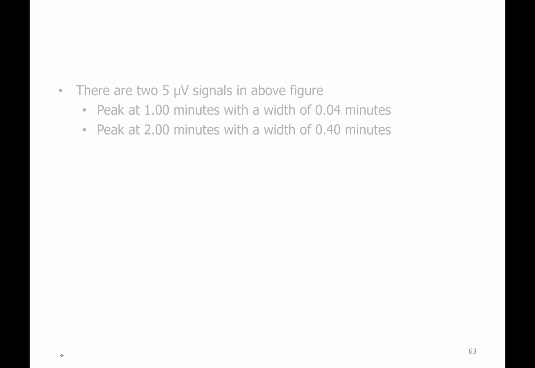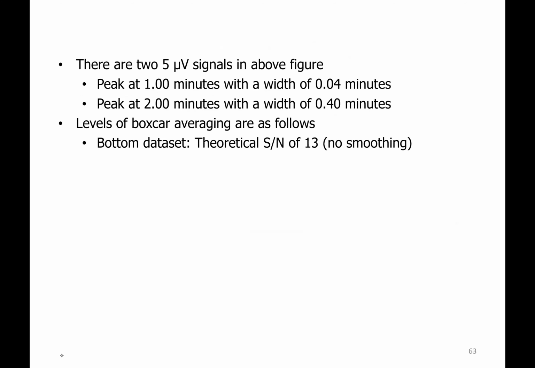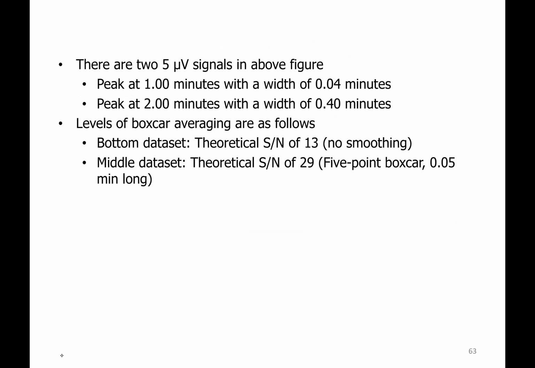And then what is the consequence here? You can average the boxes, and at least you're going to smooth it out. But notice what is happening. The bottom data set, the theoretical signal-noise ratio is 13. There's no smoothing, right?